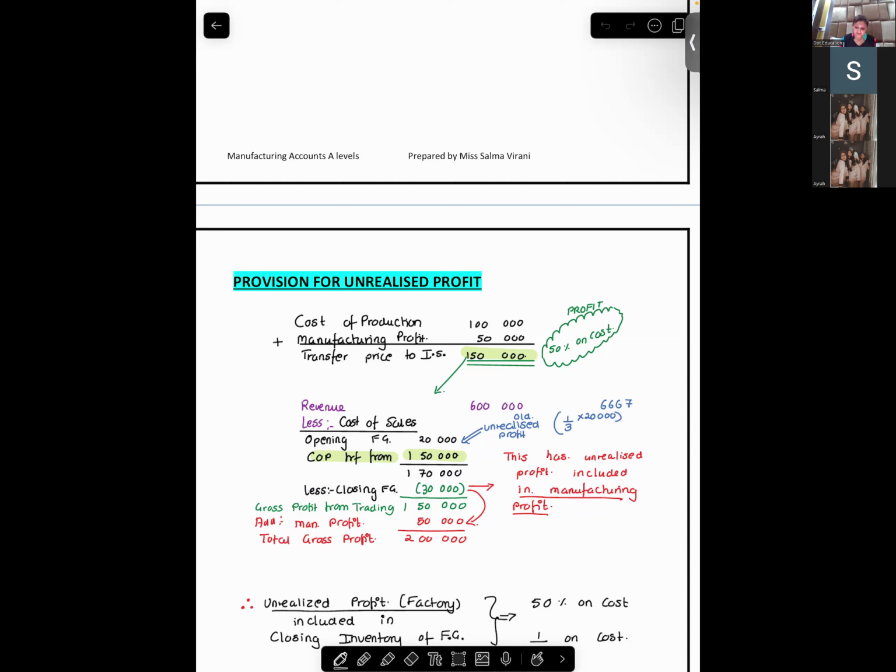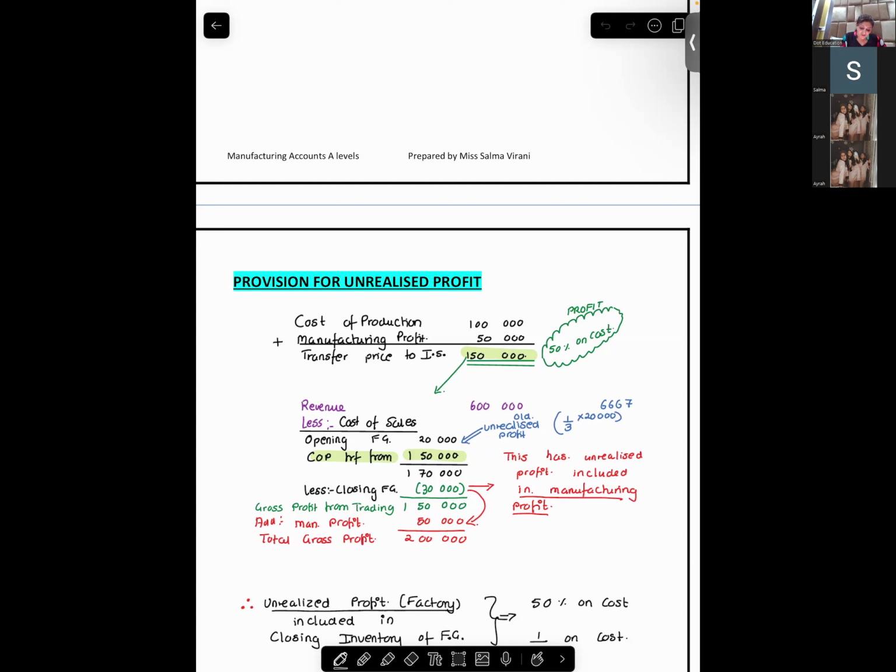Are you with me? Yeah. That means because you have produced your goods, you have made a profit of 50,000. This 50,000 is called the factory profit, or I would say the manufacturing profit. So when I say production cost of completed goods is 100,000, 50,000 is the factory profit.